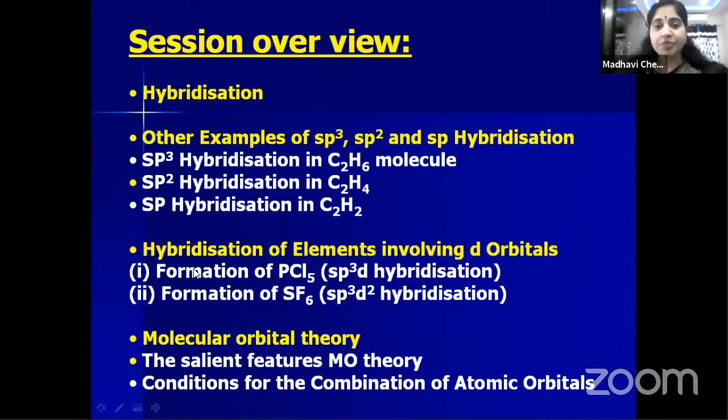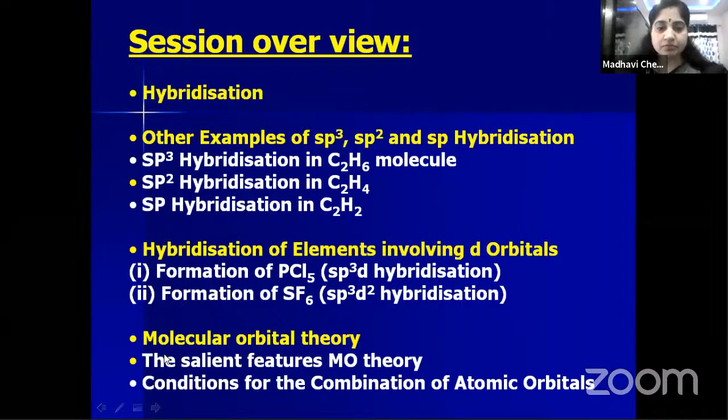And after that, hybridization of elements involving d orbitals. Till now we have discussed hybridization involving s orbital and p orbital, but today we are going to discuss the hybridization of elements involving d orbitals also, that is sp3d and sp3d2 hybridization. In sp3d, PCl5 formation, in sp3d2, SF6 formation we are going to learn.